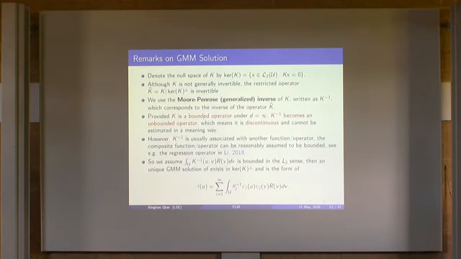But the good news is that the inverse of the operator does not always appear alone; it is associated with another functional operator, so the composite functional operator can reasonably be assumed to be bounded, for example the regression operator in a recent paper. Here we are not only interested in K inverse but also in this integral, so we assume that this integral is bounded in L2. Then in the infinite dimensional setting, the GMM solution will exist and take the following form.